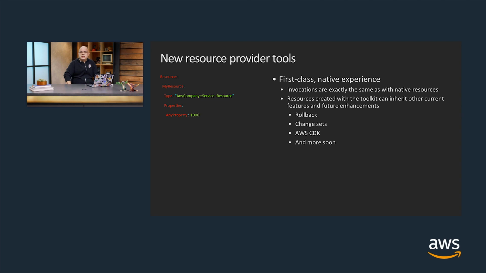So what does this first-class native experience look and feel like? What does that mean to you? Well, when you're creating custom resources, you're creating Lambda functions. Those Lambda functions you'll need to create either by creating the function directly or using our serverless transforms to generate the function code.